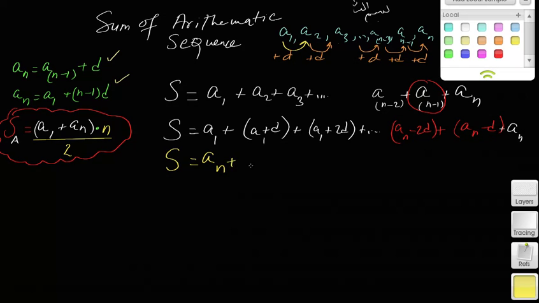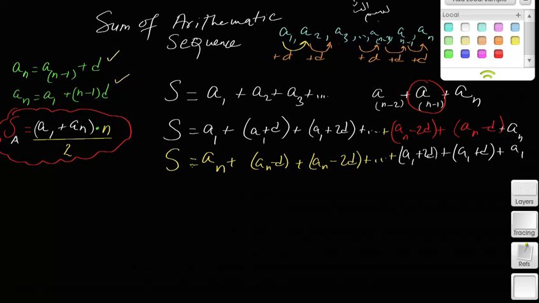Okay, so if I do that, I have a sub n minus d plus a sub n minus 2d plus dot dot dot plus, now I'm going backwards. The last three terms are going to be these three terms. So that's going to be a sub 1 plus 2d plus a sub 1 plus d plus a sub 1.